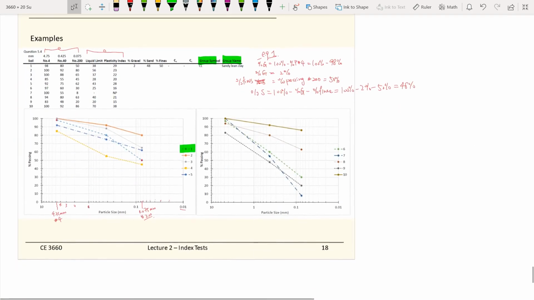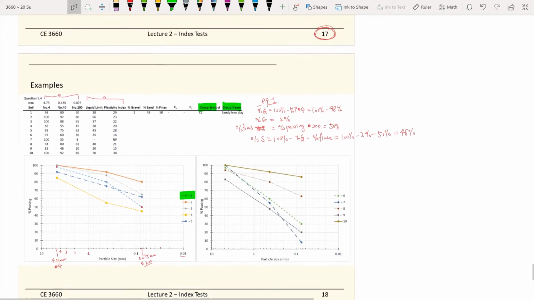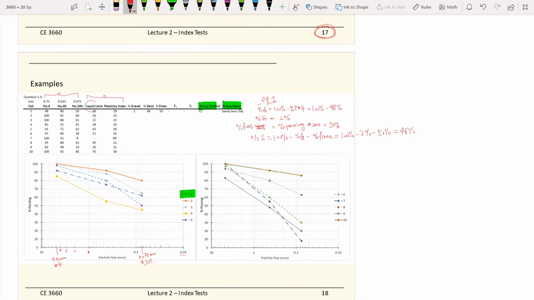So if we go back to figure 1 and figure 4, we also need to know the liquid limit and plastic limit. And be careful, this is given as a PI, plasticity index. PI is equal to the liquid limit minus the plastic limit.